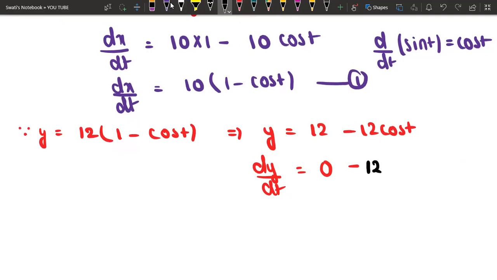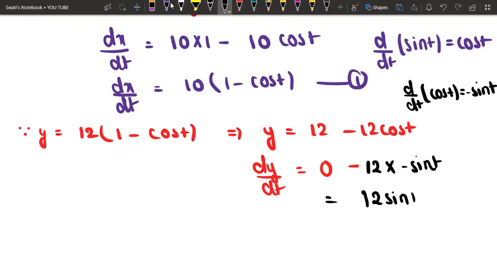And the derivative of cos t is minus sine t. I'm writing the formula here. The derivative of cos t is minus sine t. So using that formula, this will become into minus sine t. Now we know that minus minus is plus, so 0 plus 12 sine t is just 12 sine t, right? Because this minus 12 into minus sine t is just 12 sine t, and 0 plus 12 sine t is 12 sine t. So we got the value for dy dt as well, which I'm putting as equation 2.